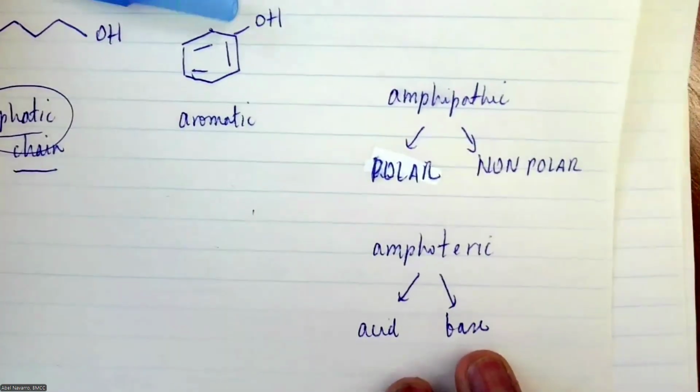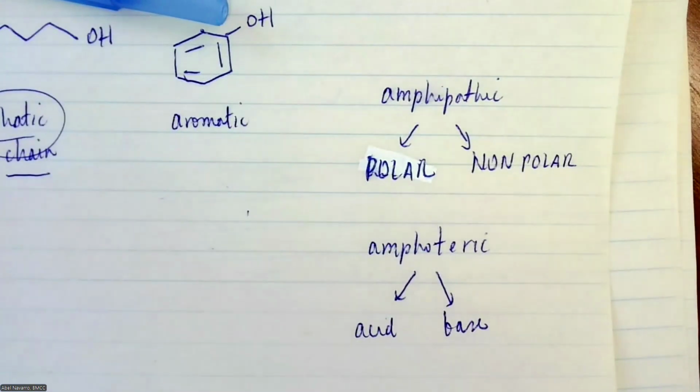Amphipathic is another term that defines a compound that is polar and non-polar. For example, detergents are polar and non-polar, so we call that amphipathic. And amphoteric compounds can behave as an acid or as a base. Example: water.